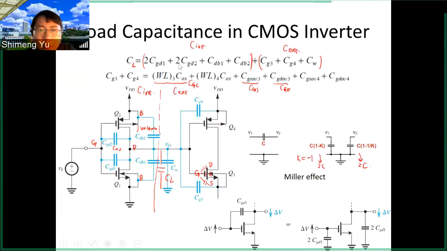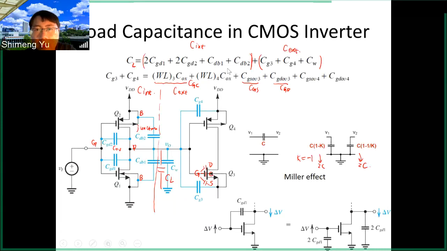One is intrinsic, that is associated with the capacitance of the first inverter by itself. And the second is C extrinsic, that is external to this first inverter, includes the wire and the capacitance from the second inverters. This is the minimal requirement you need to understand here.